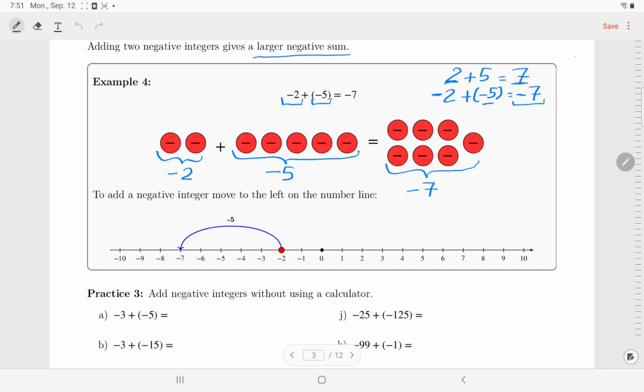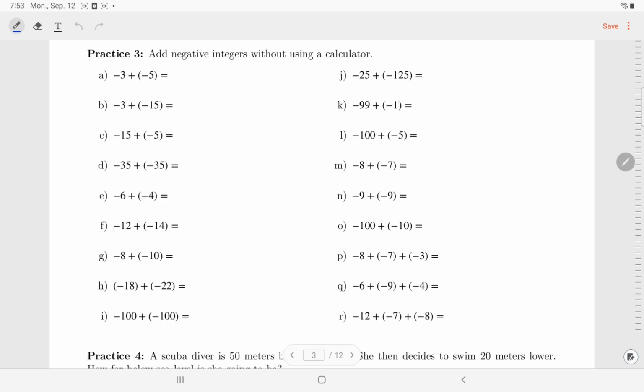To show the addition on the number line, we start with negative 2 and then we add 5 units to the left because it's a negative number. So 5 units to the left, we end up with negative 7. Let's practice. Negative 3 plus negative 5 is negative 8.